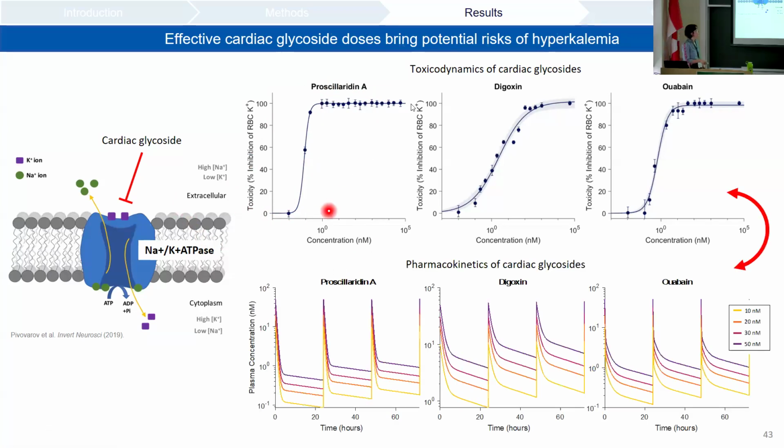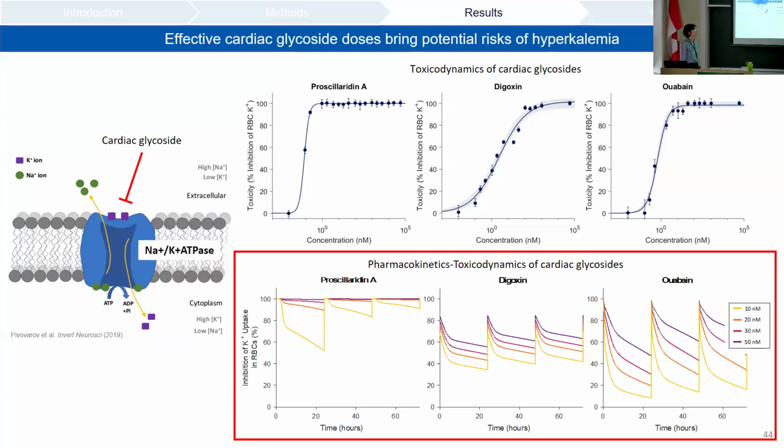Merging their toxicodynamics with the pharmacokinetics of the treatment schedule that we apply, we can get the pharmacokinetics and pharmacodynamics of each of the cardiac glycosides. We can see that the high doses of proscillaridin A and digoxin that were effective are also highly toxic. So while they're promising as anti-LSC drugs, at these doses it wouldn't be possible to give them to a patient.